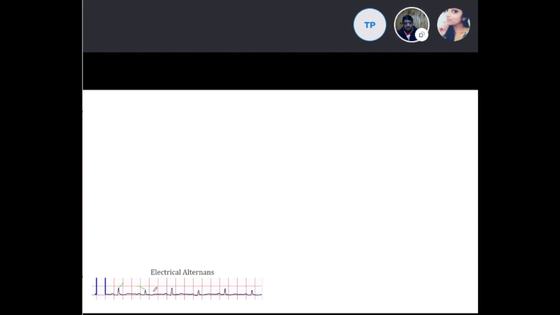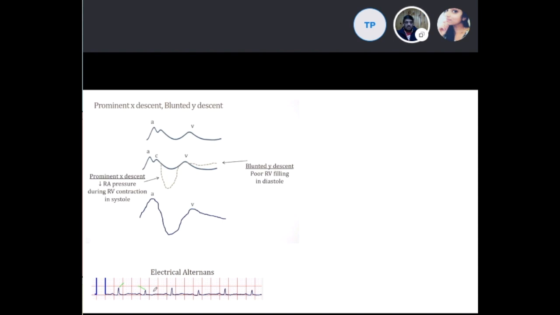And in tamponade, you will also see an X descent and a Y descent, or rather a prominent X descent and a blunted Y descent. So this is your venous filling chart, as we've covered before. Normally your X is right here and your Y is right here.